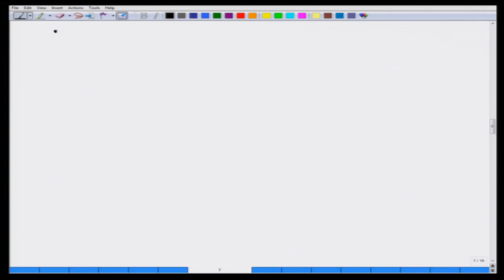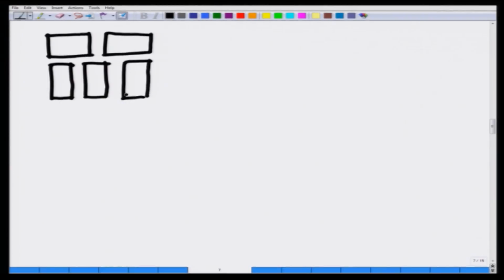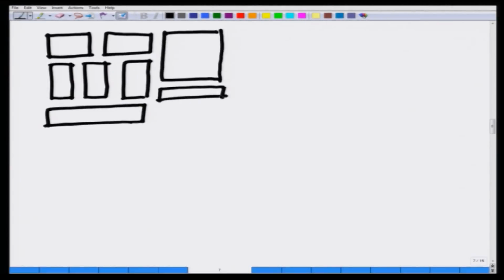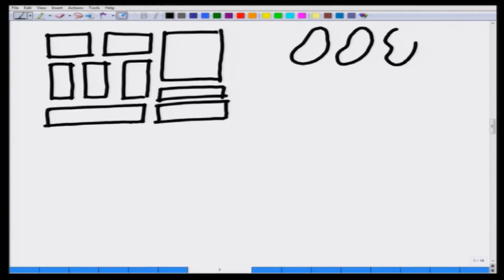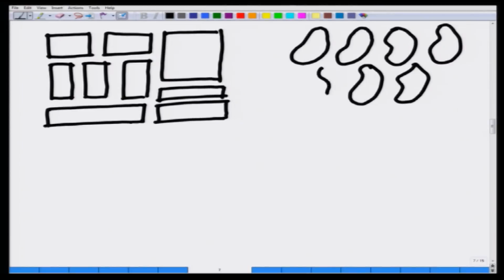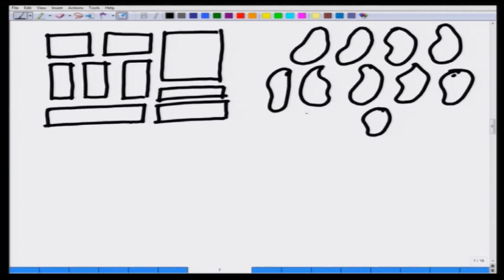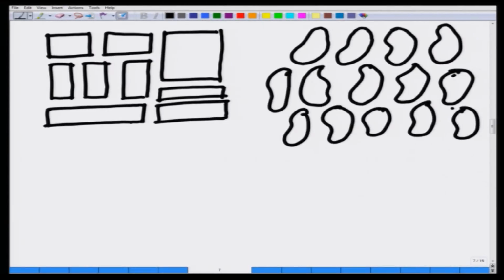So, if we are given a few rectilinear forms along with some curvilinear forms, rectilinear forms may save a lot of space.